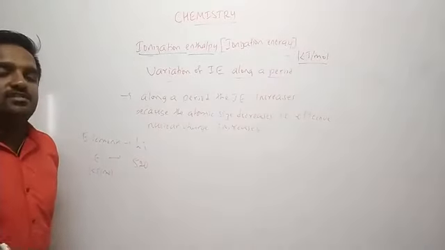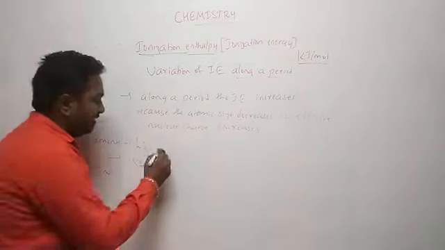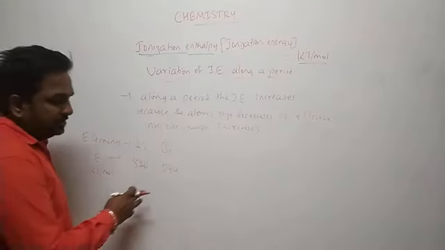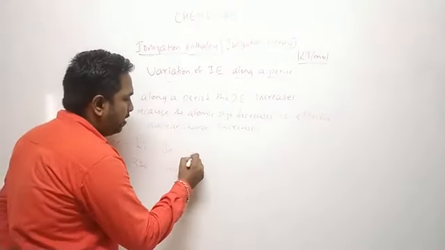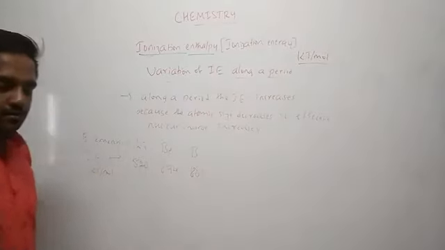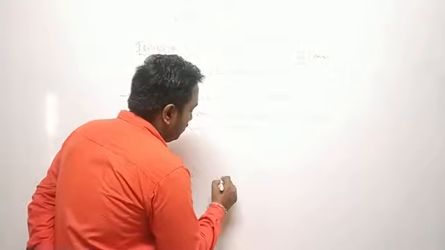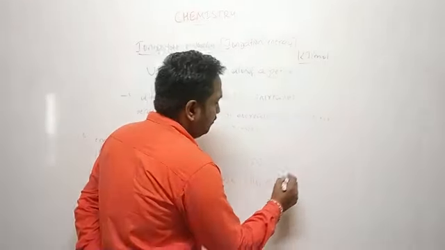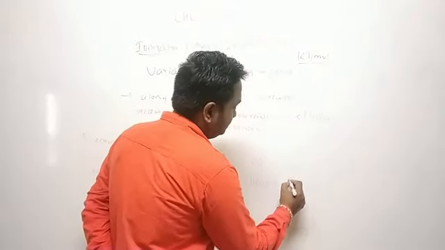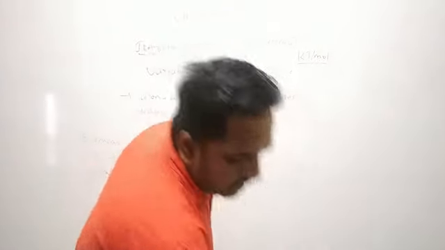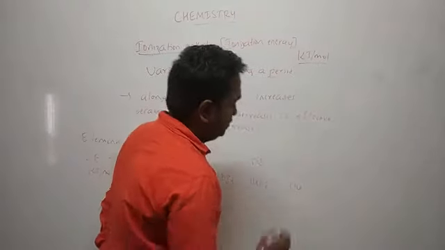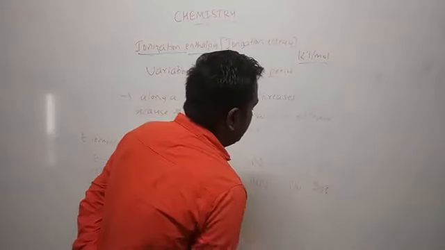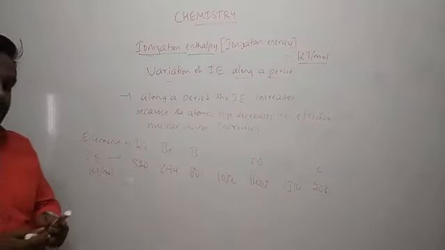Lithium is 520 kilojoules per mole, beryllium is 899, boron is 801, carbon 1086, nitrogen 1402, oxygen 1314, and fluorine is 2081. These are the values of the ionization enthalpy along the period.